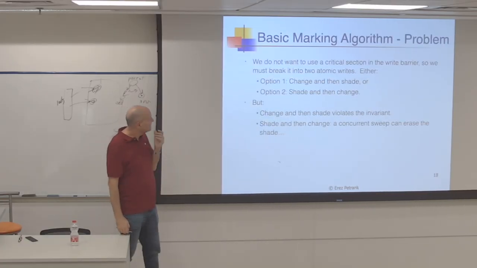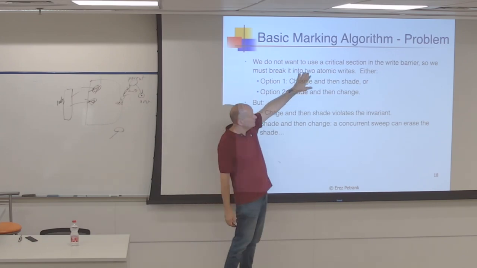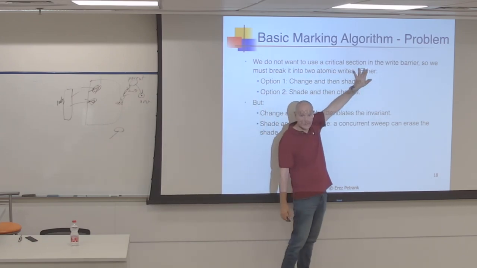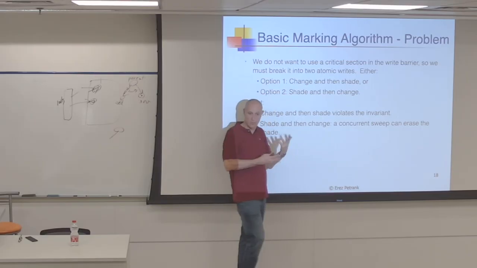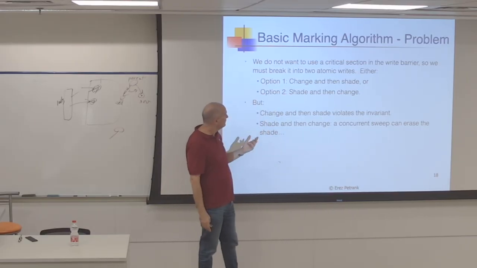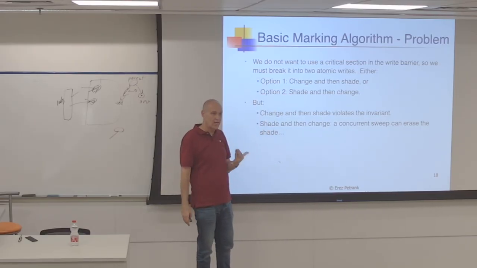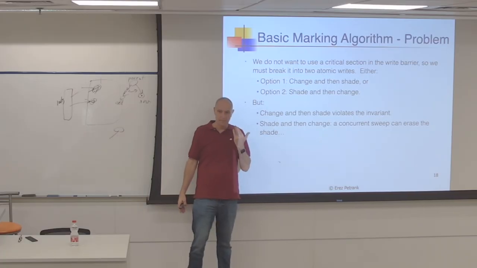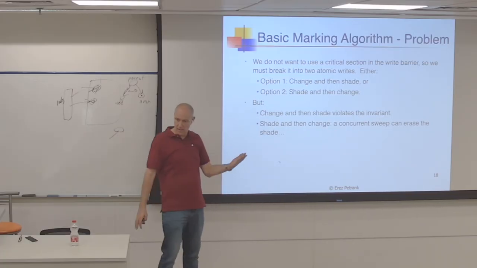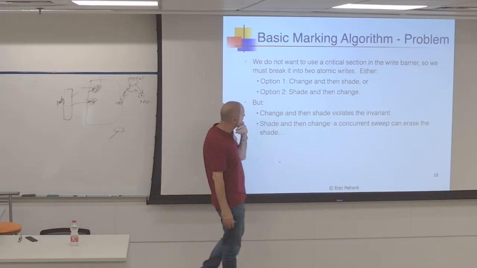So we do not want to use a critical section like a lock that will make things atomic, because it's too expensive. So we'll need to do it more wisely. We'll have to do a better analysis to see that things are actually happening correctly.